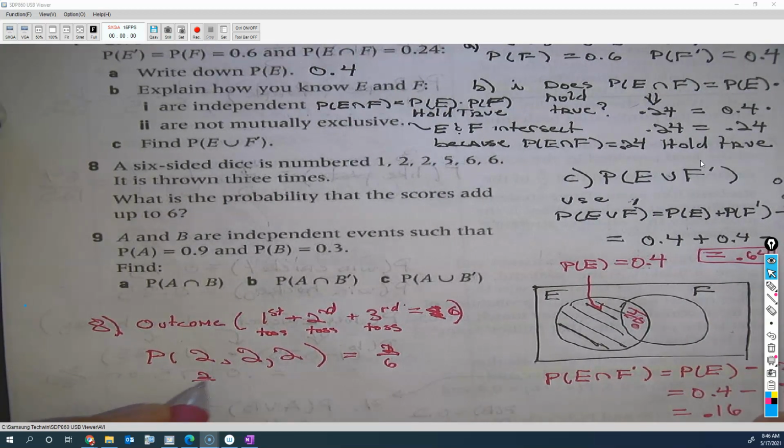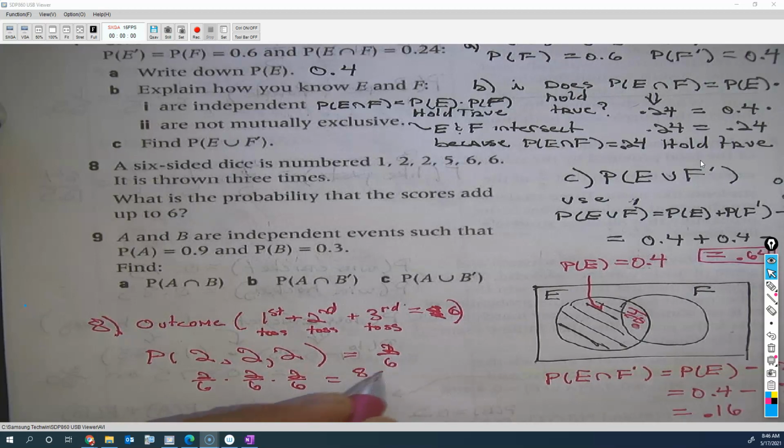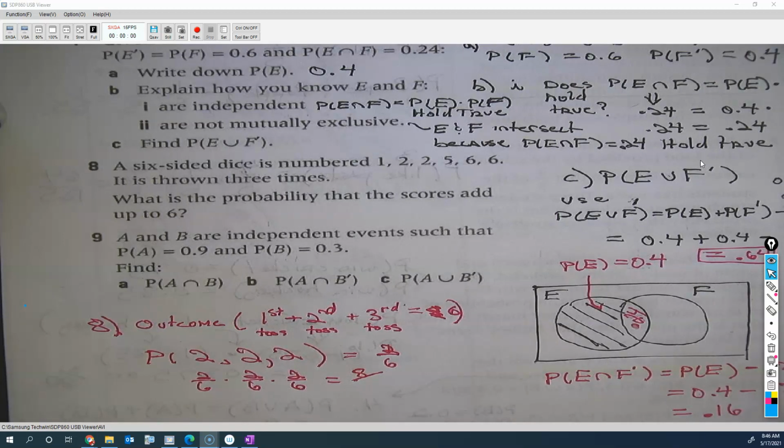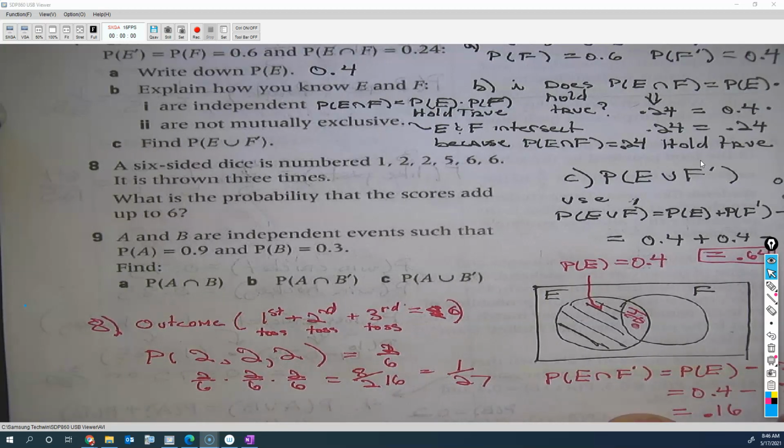So this would be 2/6 times 2/6 times 2/6, which is 8 over 216, which is 1 over 27.